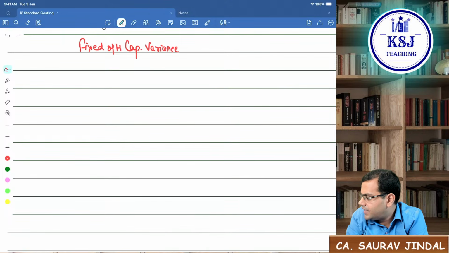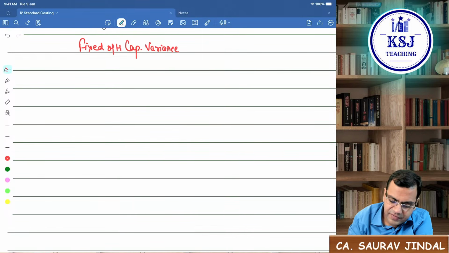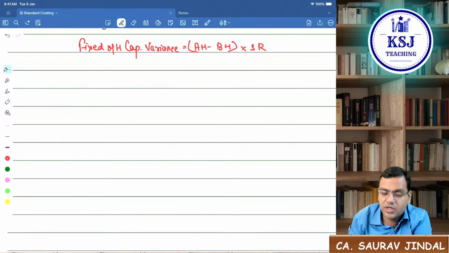Fixed overhead capacity variance is what? Actual hours minus budgeted hours into standard rate, right? This is what you are doing. Yes, sir. This is what we are doing.